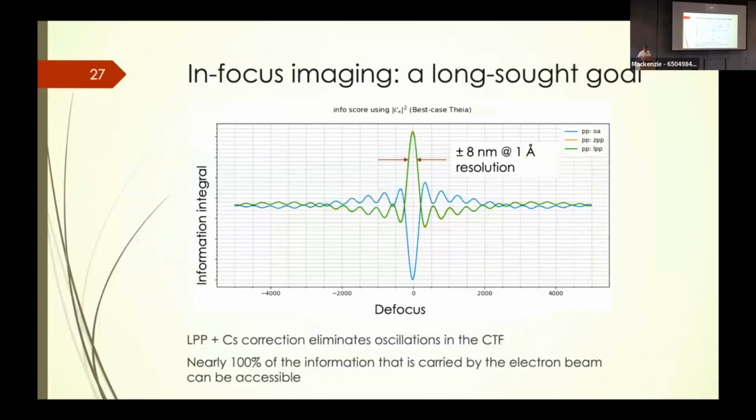Okay, final thing I want to mention is in-focus imaging. So what's so cool about in-focus imaging? Standard electron microscopy is done at a large defocus of maybe 0.5 micron. And the y-axis on this graph is how much information can you extract from the specimen.